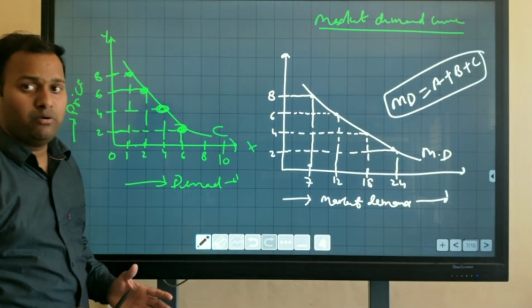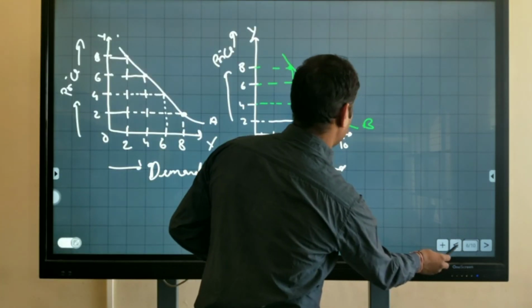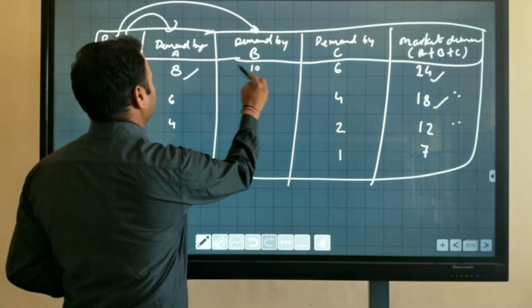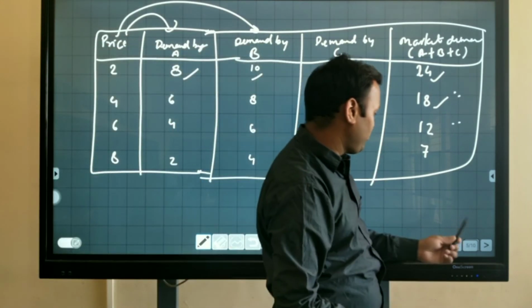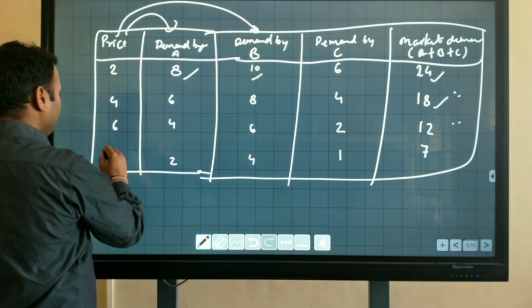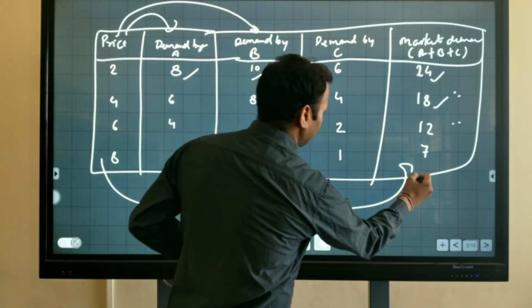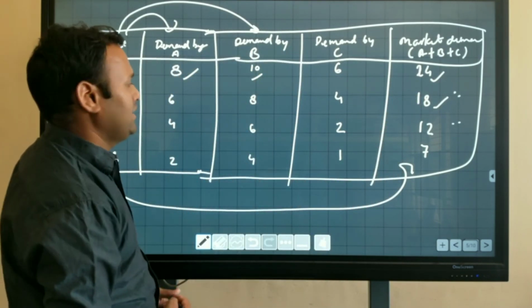So what we will do is add all the units by the different consumers, get the market demand, and plot the graph taking these prices, making the graph of market demand using 2, 4, 6 and 8 as the price.